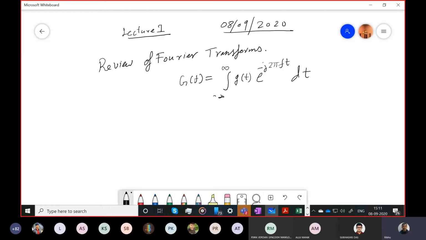Yesterday I gave a detailed explanation of what it means when you define the Fourier transform G(f) as this.